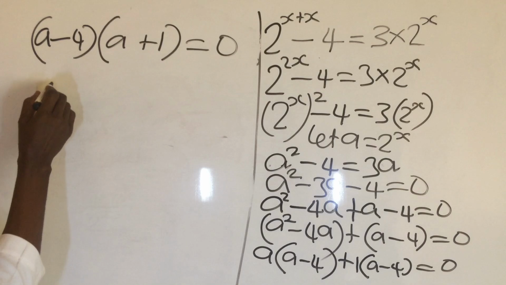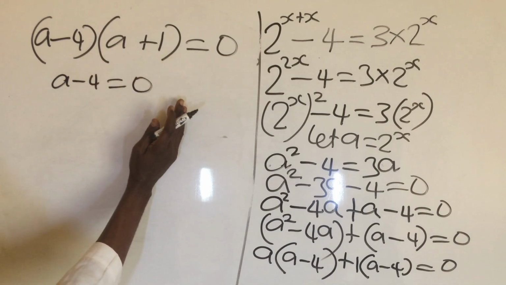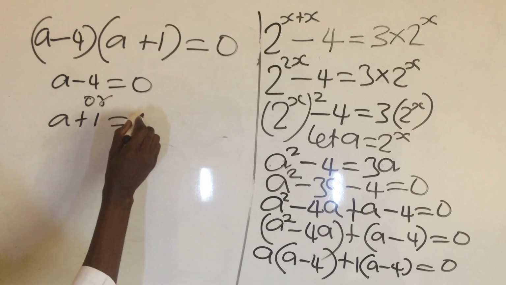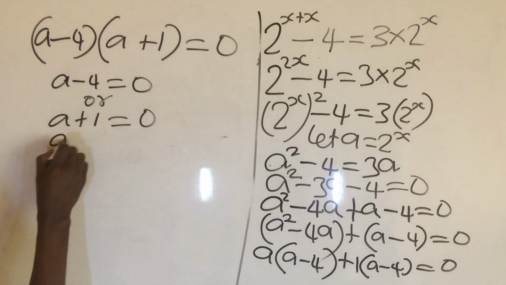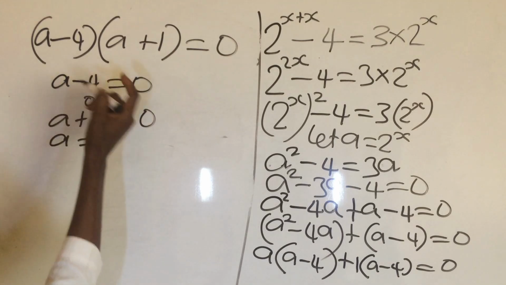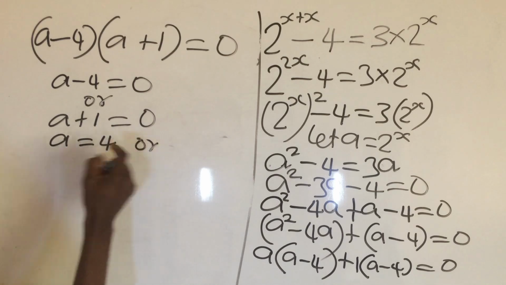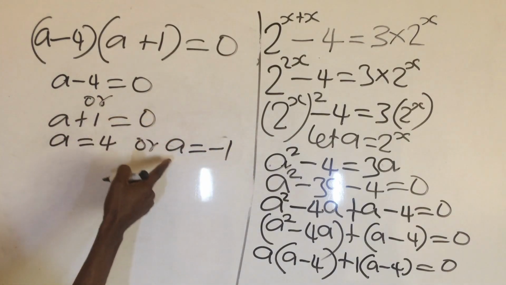Now, this means that a minus 4 equals 0 if we separate it, or a plus 1 equals 0, okay? Now, coming here, a is equal to 4 when this crosses the sign, or a will be equal to minus 1 when this crosses the sign.